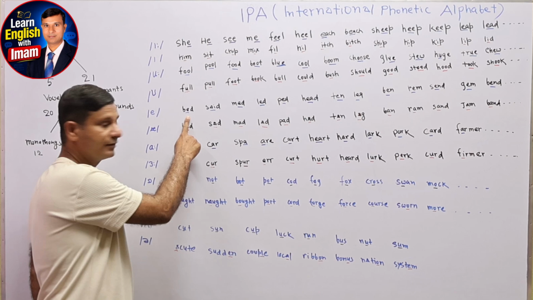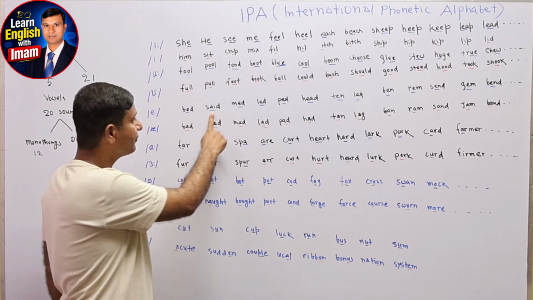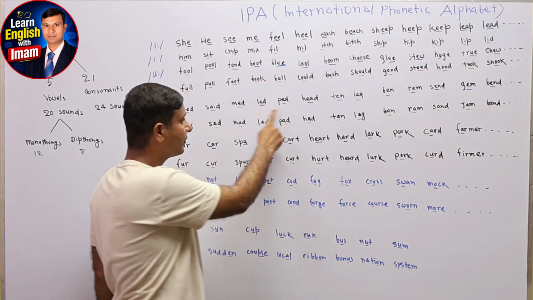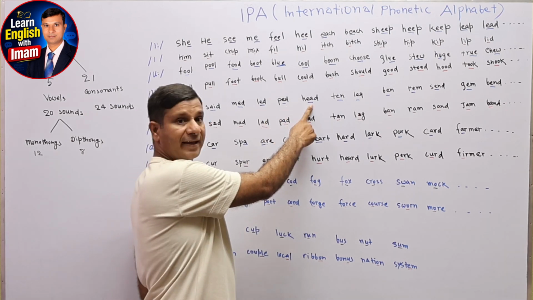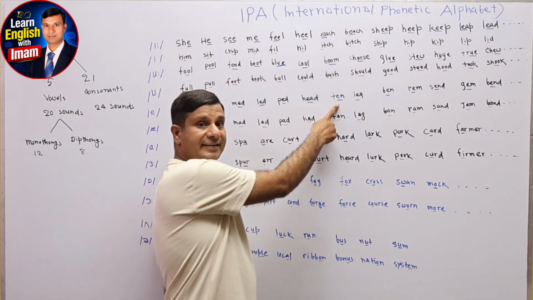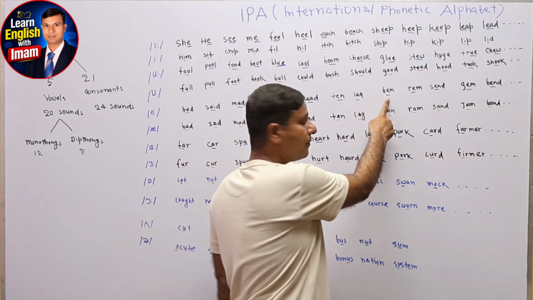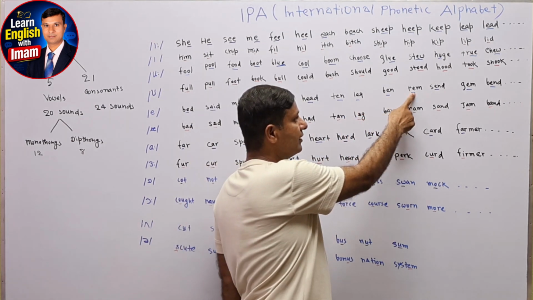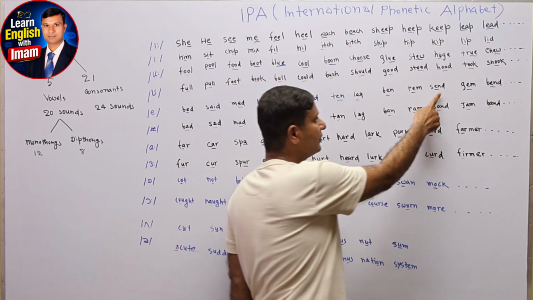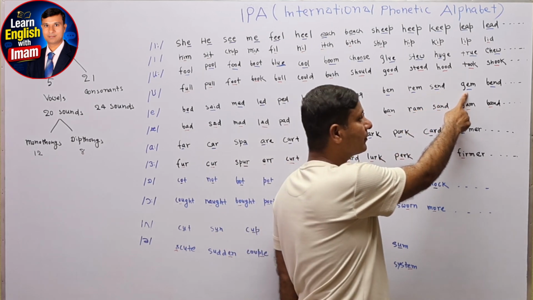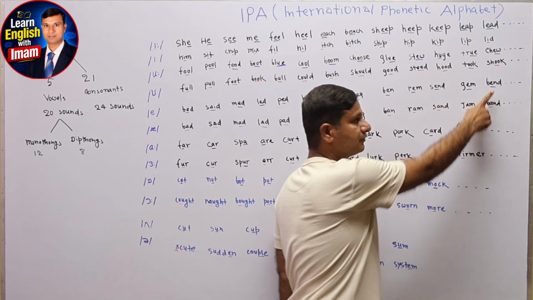Now we have the A sound: bed, said, made, led, paid, head, ten, leg, Ben, rem, send, gem, bend.